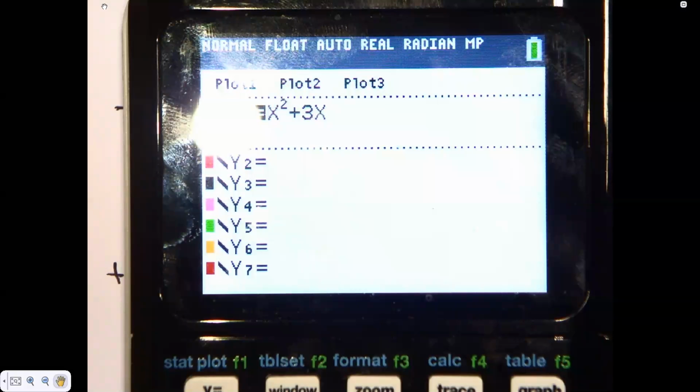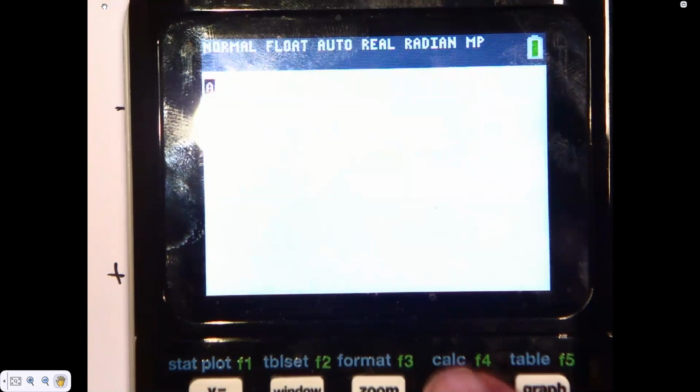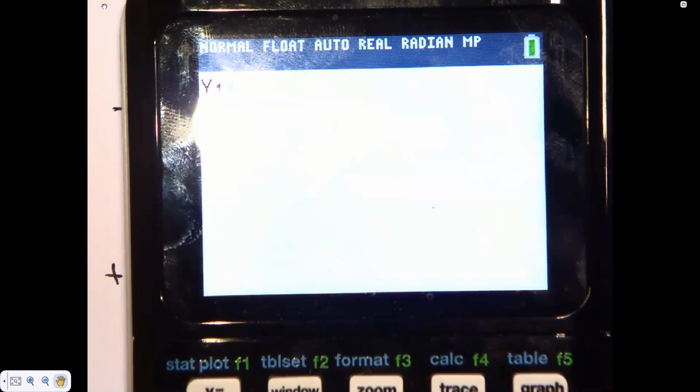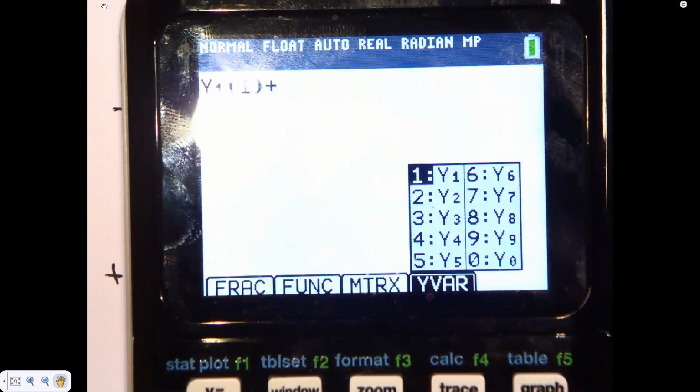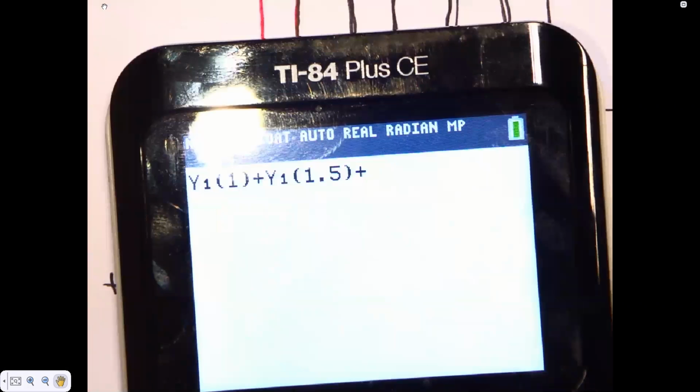Then quit, go to your home screen, and you can actually do y1 and just put a parenthesis. What was our first one? 1 plus. Don't go to y2. I'm so used to doing Newton's method and going to y2. You just stay with y1. And what was it, 1.5? Okay, and you literally just put it in the parentheses. And you just keep going.